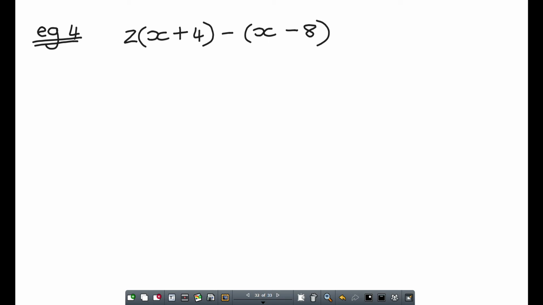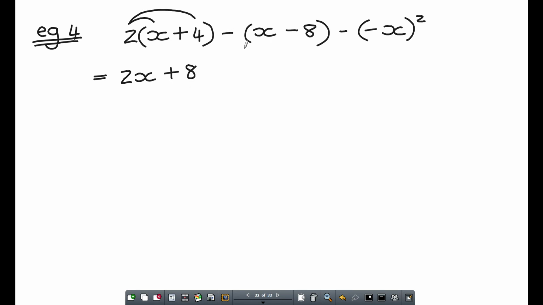I am going to multiply in, and let's add this one in too. First things first, I'm going to multiply in this 2, right? So the 2 times x will give me 2x. Then 2 times the 4 is going to give me 8.